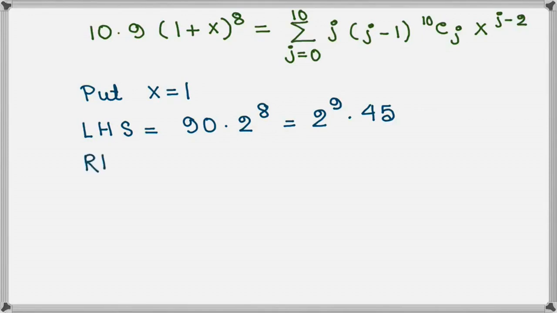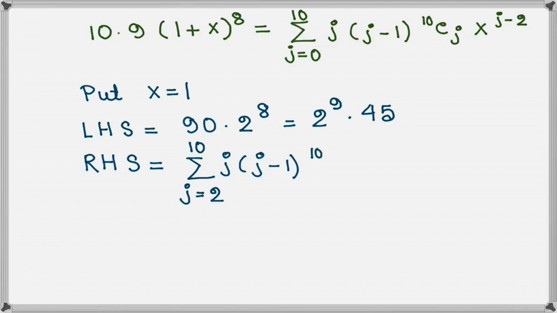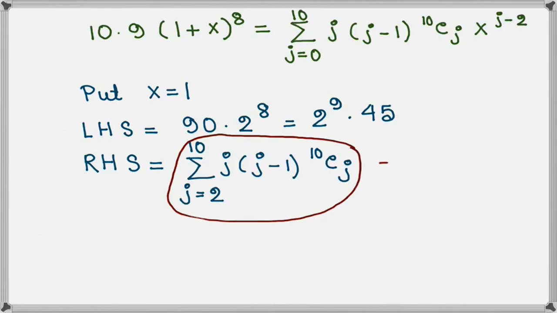and RHS is equal to the sum from j equals 2 up to 10 of j into (j minus 1) into 10Cj. One can note that this is nothing but the sum S1.